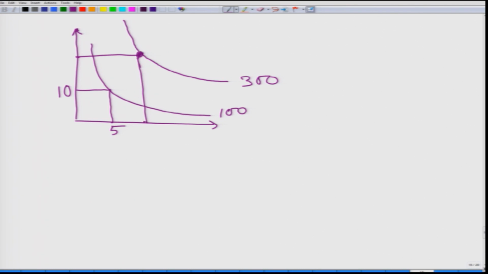In increasing returns to scale, the isoquant curves should move closer to each other.